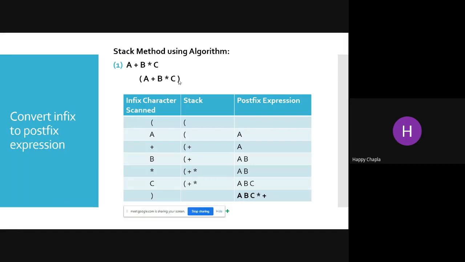Now, second rule: whatever operands we have, we don't need to insert those operands into the stack. The stack only contains the operators. So the first rule is to give the brackets in the expression. The second rule is that we insert or delete only operators in the stack, not operands.